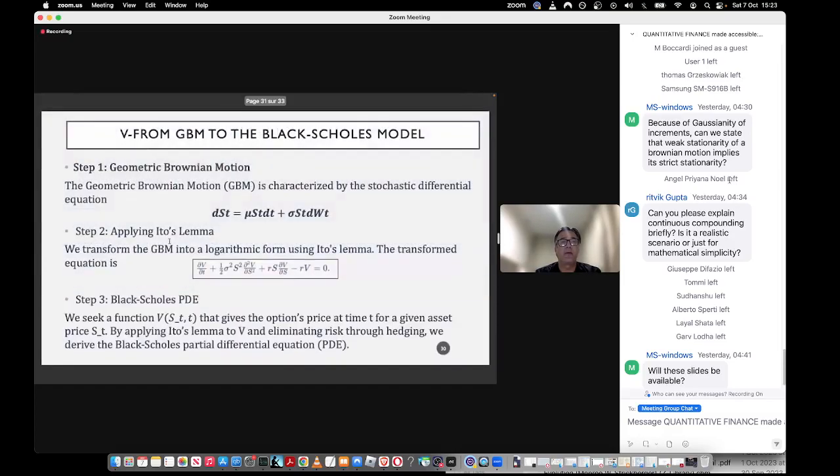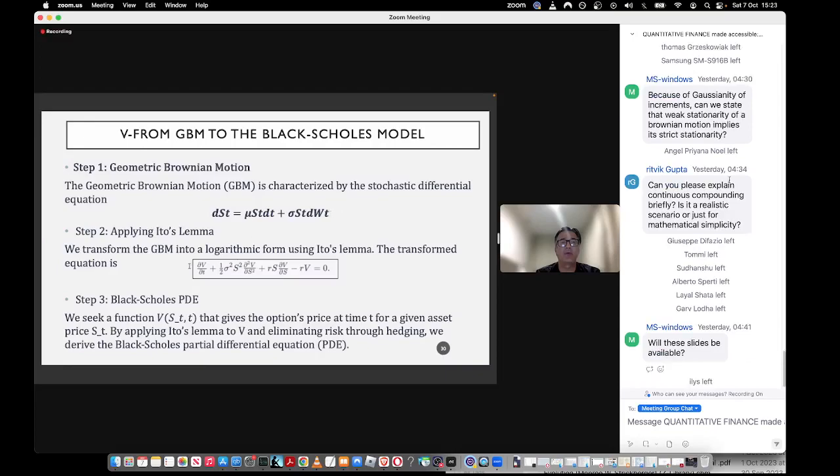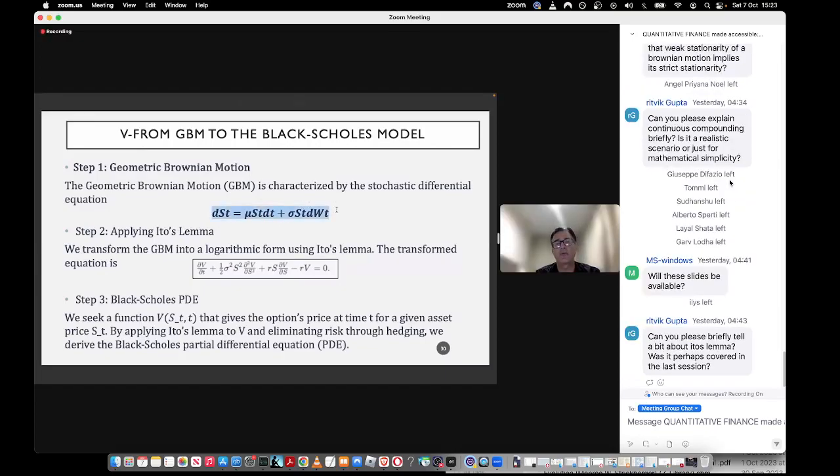So we'll finish with the Black-Scholes model. I won't derive the Black-Scholes equation here by applying Ito's lemma. But when you want to hedge your portfolio, you start from the underlying, because when you use a derivative, you have to understand how the underlying behaves, especially when you trade options.